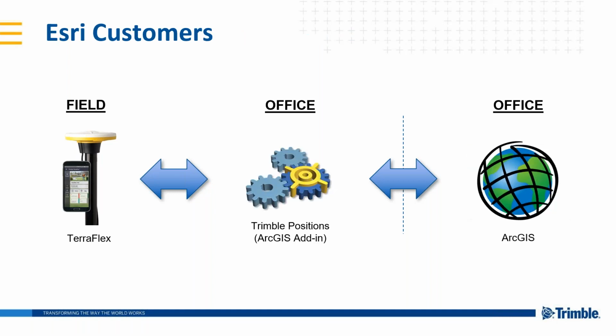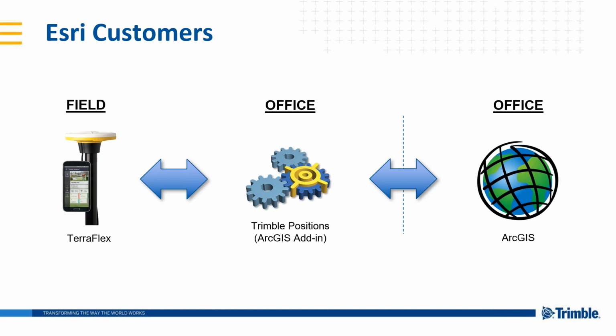So for Esri customers specifically, it's the same principle, but instead of Connect Maps, we have a product called Trimble Positions, which is an add-in for that ArcGIS platform. So it does a lot of the same things as Connect Maps, but it resides within an add-in to the ArcGIS environment, so providing a slightly more direct connection to the data that's in the GIS.